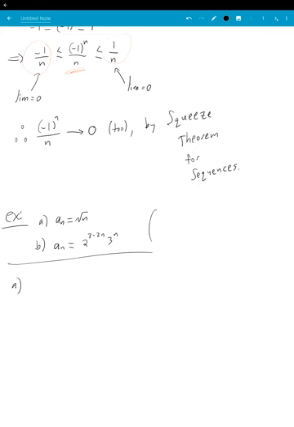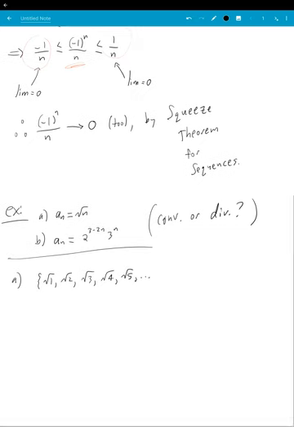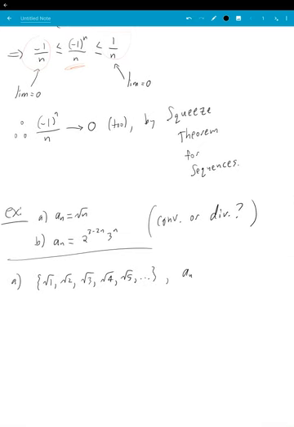So I guess the question here is convergent or divergent. For our first sequence, we obviously get that a_n is not bounded, it's approaching infinity. So this is divergent, because infinity is not a real number.